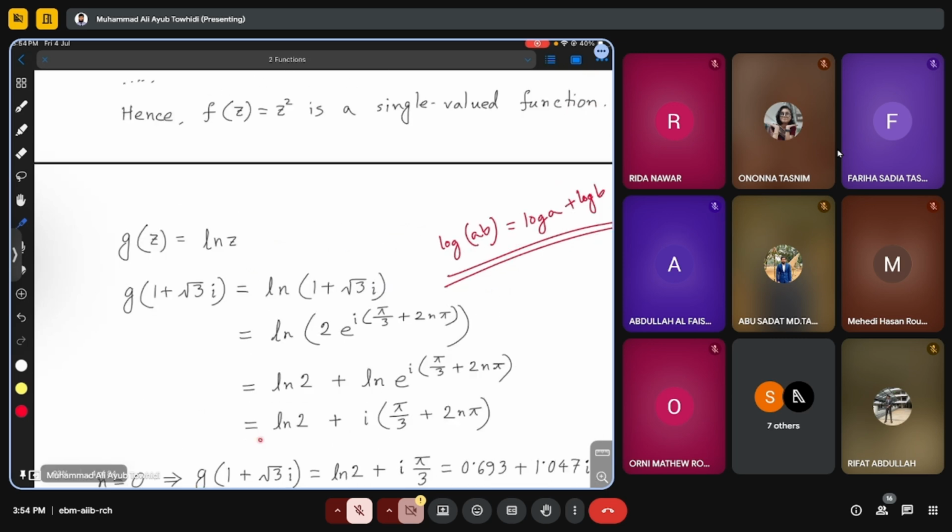Now this one, e to the power something, then ln. I think you also remember this. ln e to the power x equals to what? x, right?